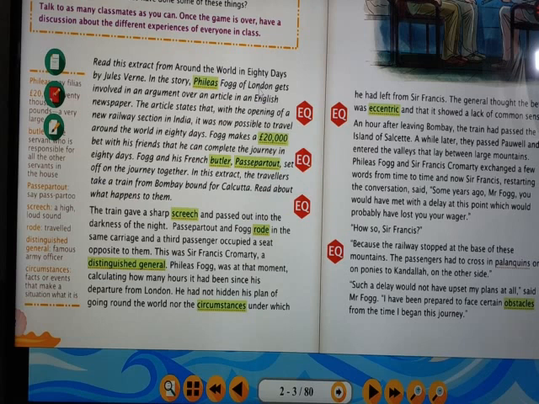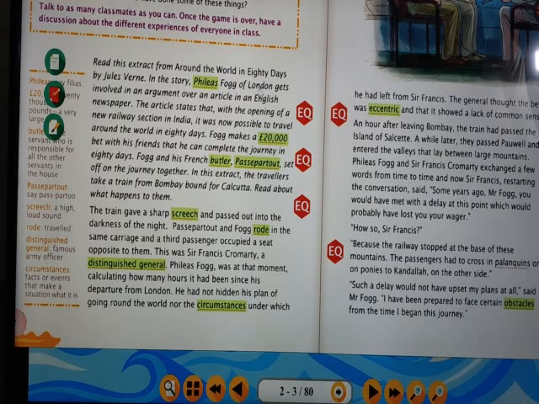Fogg was calculating how many hours he had taken from his departure from London. Now we know Sir Francis Cromarty was also there in the same compartment. So Fogg has told the circumstances that made him take this journey, that forced him to take this journey.